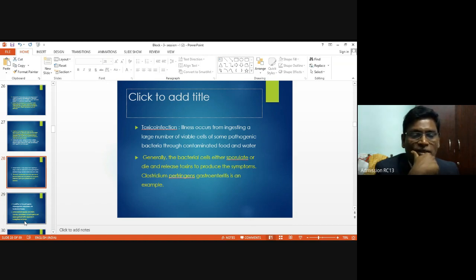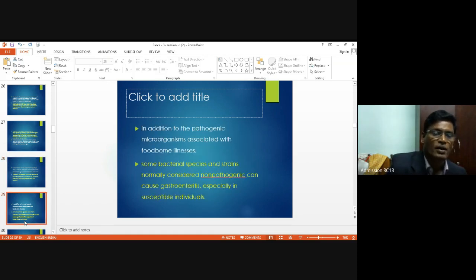Generally, the bacterial cells either sporulate or release toxins to produce symptoms. Clostridium perfringens gastroenteritis is an example of this kind of toxin which creates food poisoning.